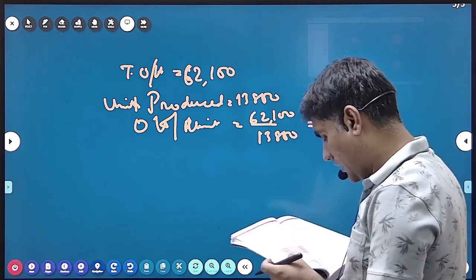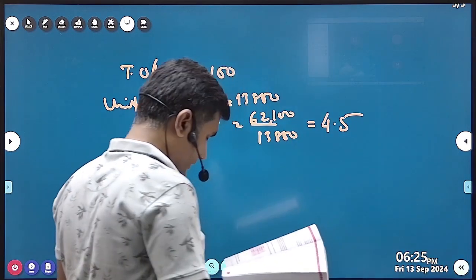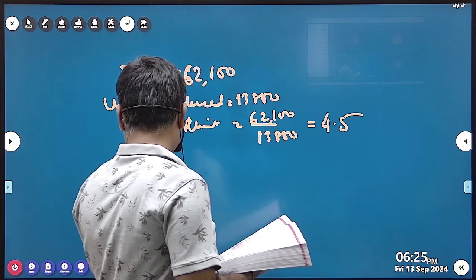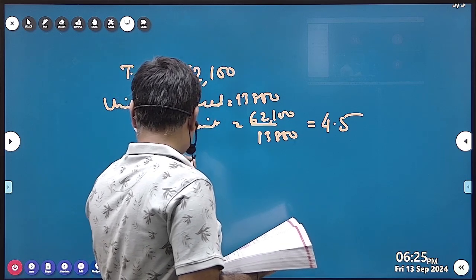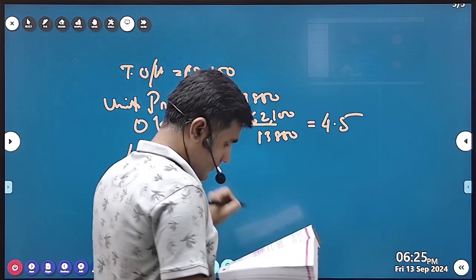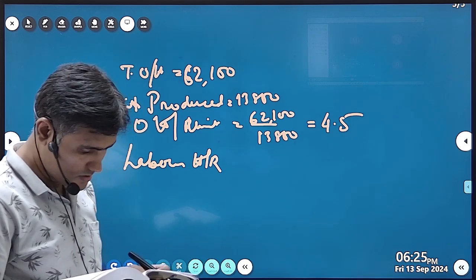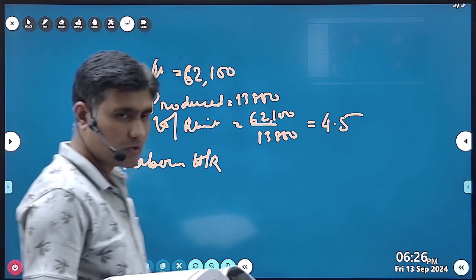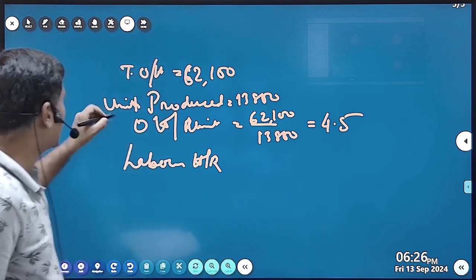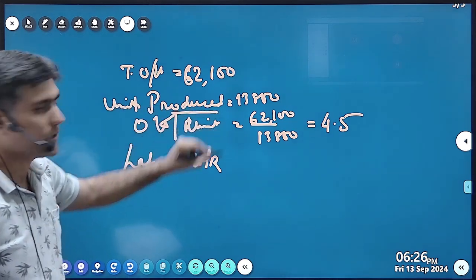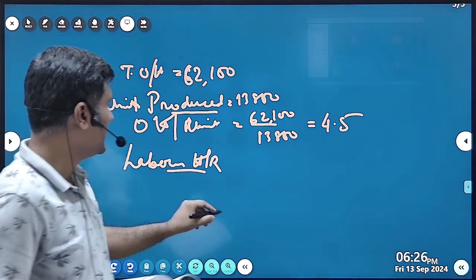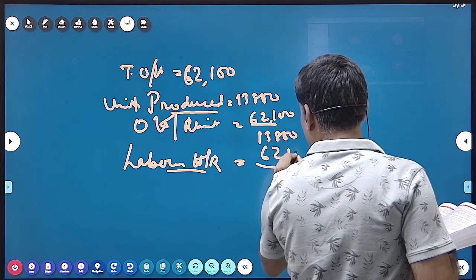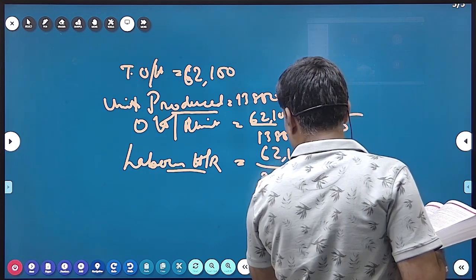However, if you use direct labor hour rate, how much will be the cost? Labor hours is how much? 27,000. So if you use the labor hours, 62,100 divided by 27,000.